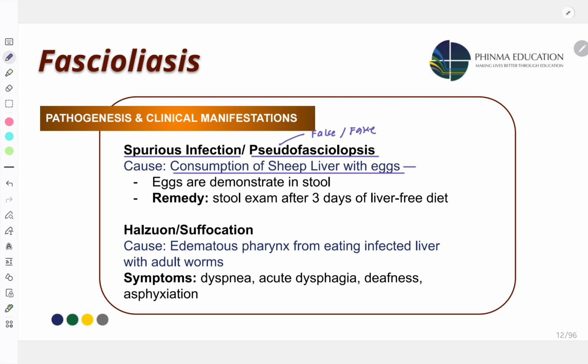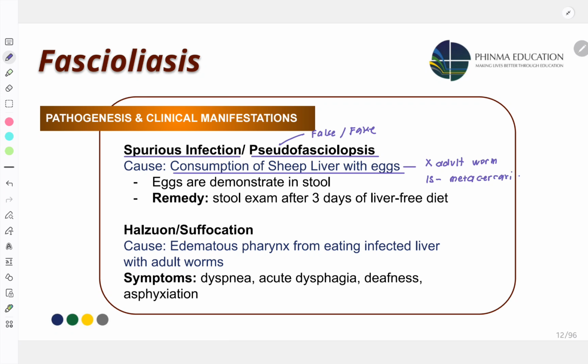So, if nikaon ka og sheep liver that has fasciola, unsa imong ma-ingest, di ba? Imong ma-ingest is the adult worm. So remember, the adult worm is not infective for the man. Kaya diba, the infective stage is your metacercaria.